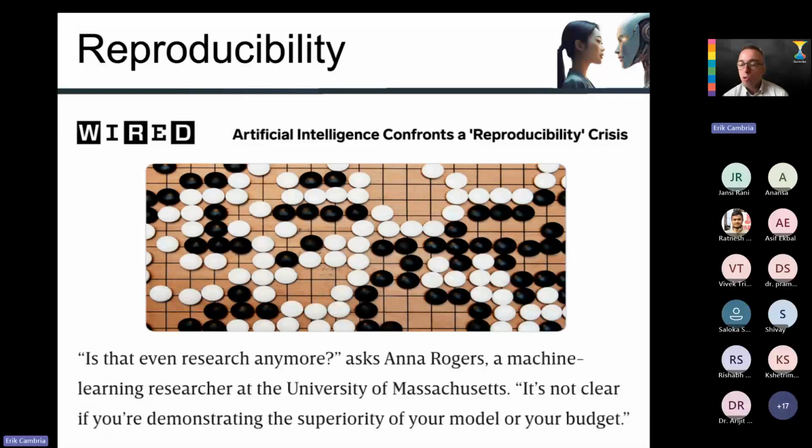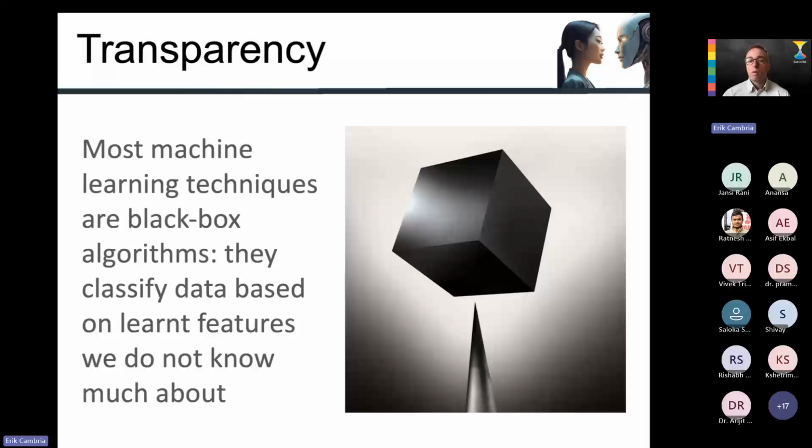But now with these huge models, it's very difficult. First, because you have a lot of parameters, and second, because it's very dependent on the hardware. And so this has also become a big problem, especially in the scientific community. Sometimes it's very difficult to replicate a model on a different piece of hardware.